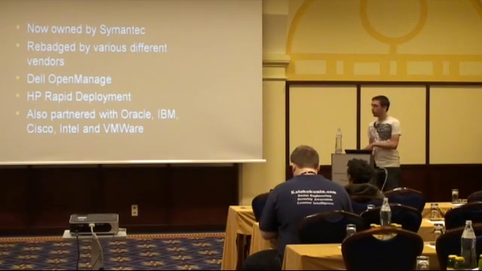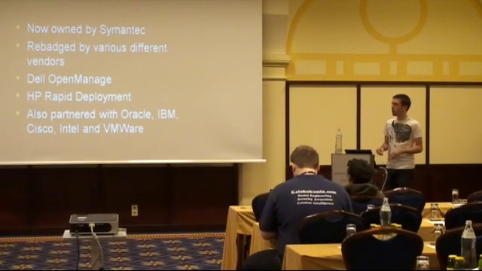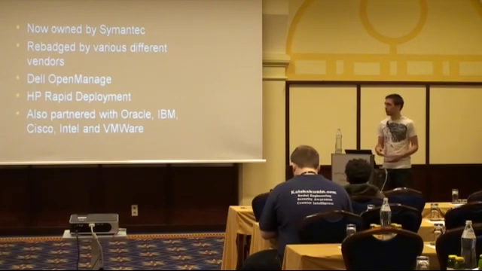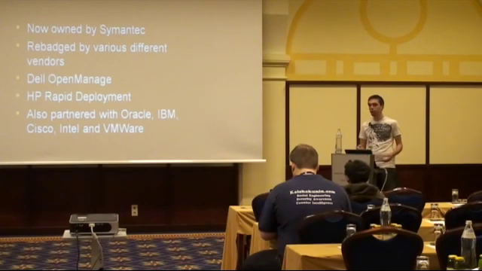I don't think those ones have necessarily rebadged the software, but they support it as a way of deploying their software, because with Altiris you can write scripts that plug into it for performing certain tasks. I believe those software vendors provide scripts that customers can use, saying, this is a script for Altiris that can be used to deploy our software. So it's encouraging more and more people to use it, and I think it's only going to become a more common piece of software for us to see in the future.